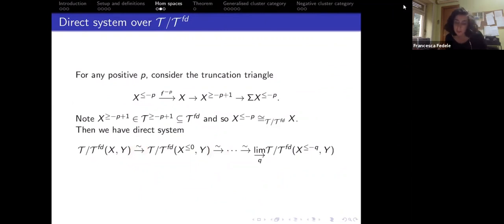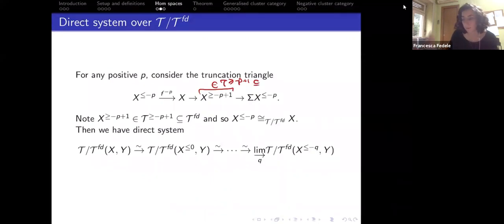And the reason why we get this is because, if we look at our truncation triangles, the third object is always in this T bigger or equal to minus P plus 1 in this case. And if we think a bit about it, thanks to our setup, this is inside TFD, but then our Verdier quotient is T over TFD, and it's a triangulated category, as I was mentioning before, that kills the objects in TFD, so in this subcategory.